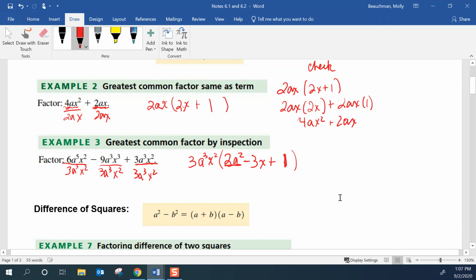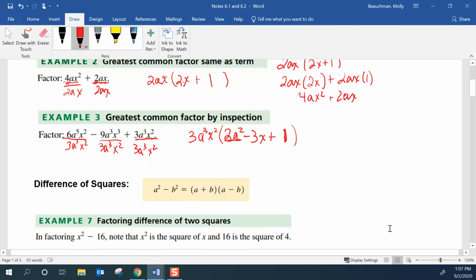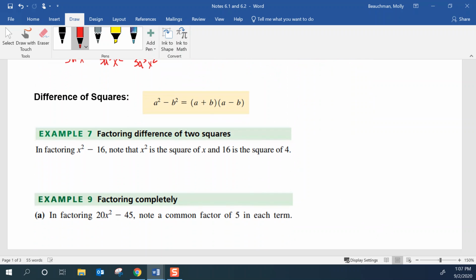All right, the next factoring technique in this section is a difference of squares. When we've multiplied out a plus b times a minus b, just a reminder, it's something like x plus 2 times x minus 2. When you multiply these together, you end up with x squared plus 2x minus 2x minus 4.